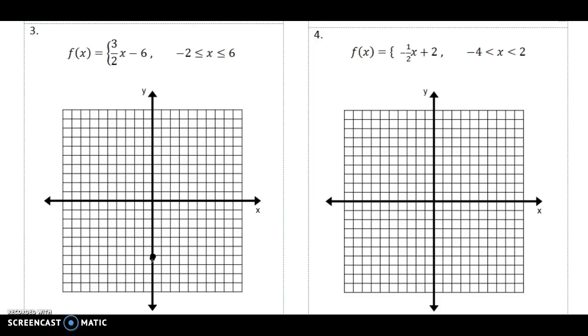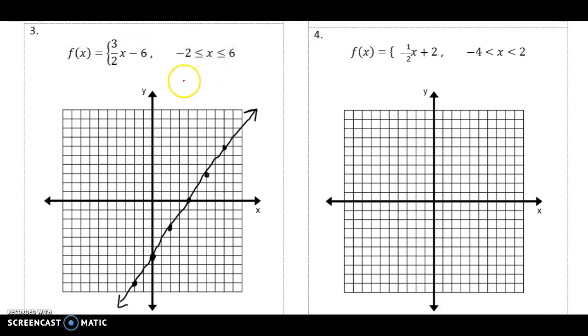My slope is 3 over 2, so that means I will go up 3 and right 2, up 3, right 2, up 3, right 2, until we're feeling like we have a good idea of what's going on. 1, 2, 3, 1, 2. All right, I will connect my dots. Here is my graph.